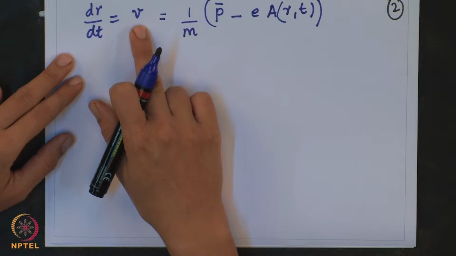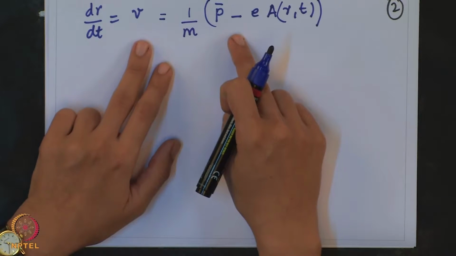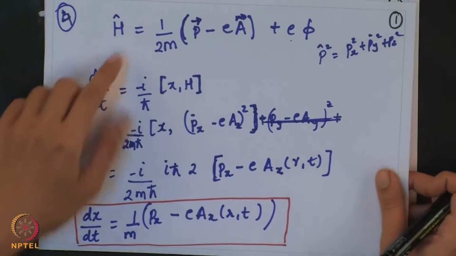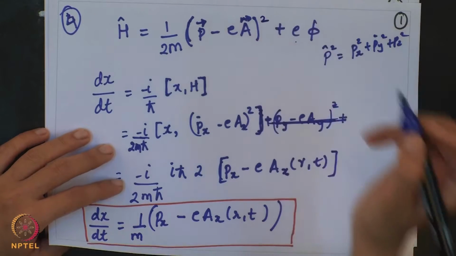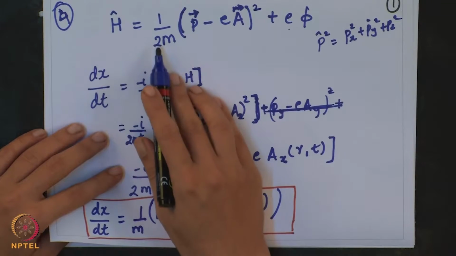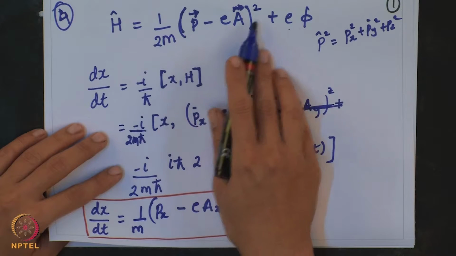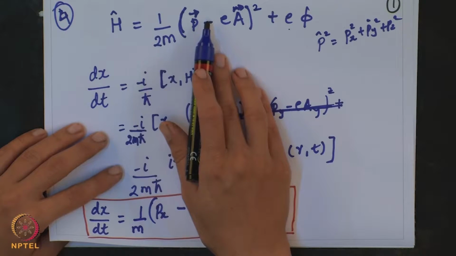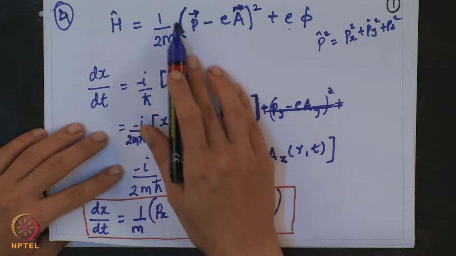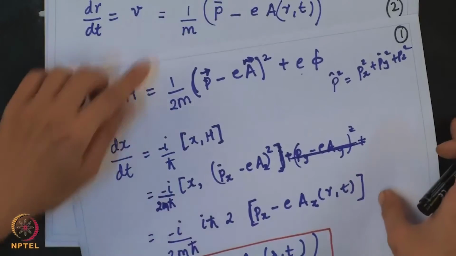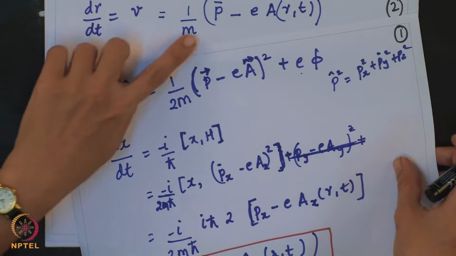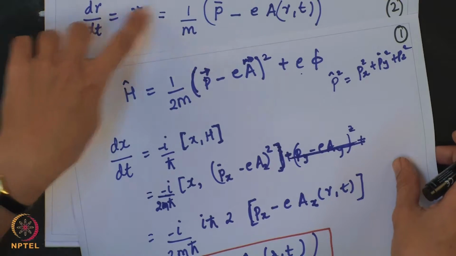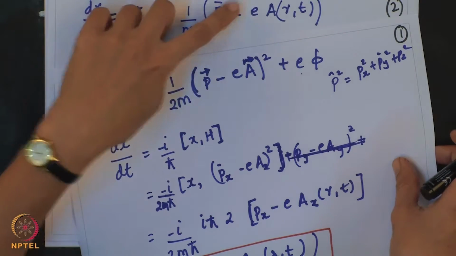Now, you know velocity, so in terms of velocity you can rewrite the Hamiltonian. Your Hamiltonian was, there is a square which I missed, sorry, so the Hamiltonian is 1 by 2m (p minus eA) whole square plus e phi. This I can rewrite in terms of V square: half m, there will be an m square coming from here, so in terms of p, there will be m square V square, which will be replaced.